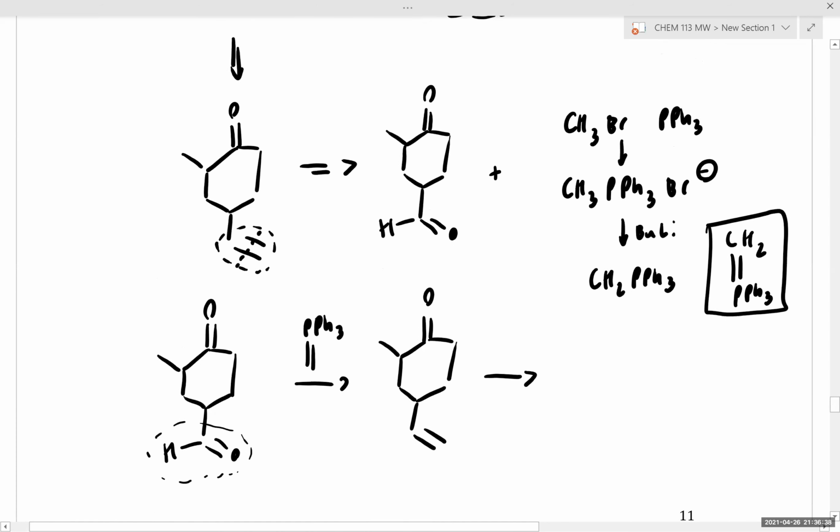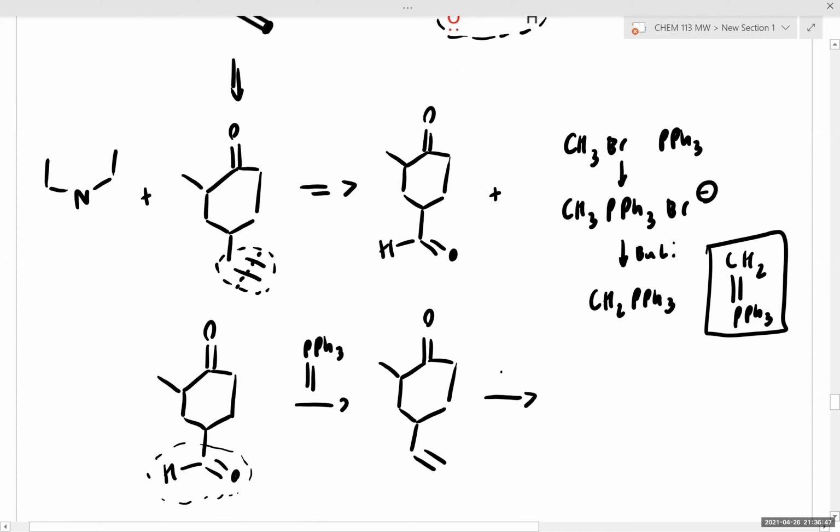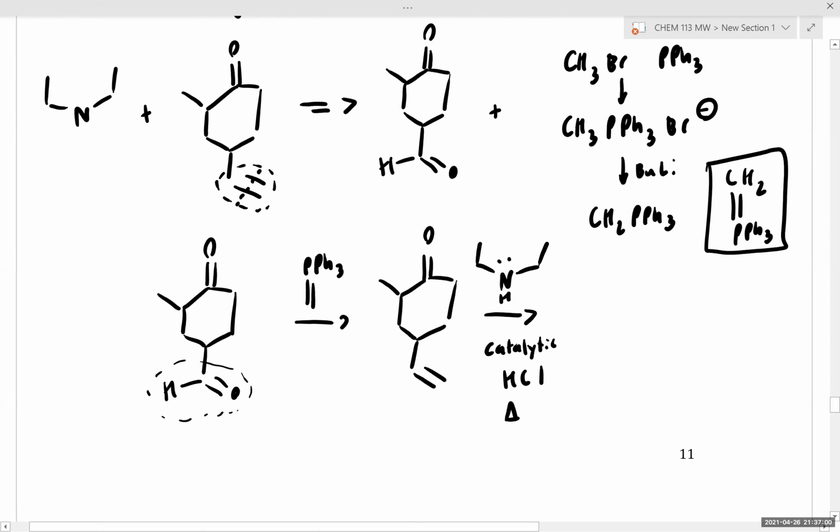stereochemistry. And then from there, if we wanted to prepare this enamine, we just use our corresponding secondary amine and catalytic hydrochloric acid with heating. From that, we'd form the desired enamine, which always preferentially forms on the least substituted position.